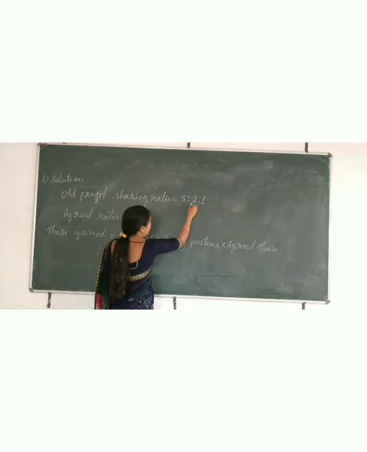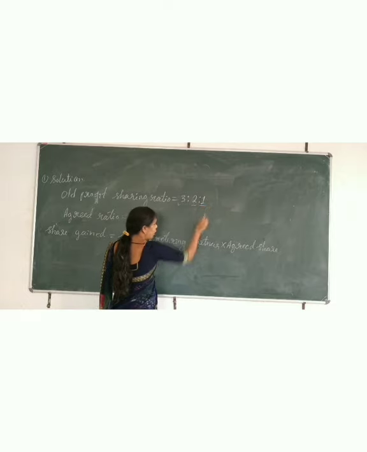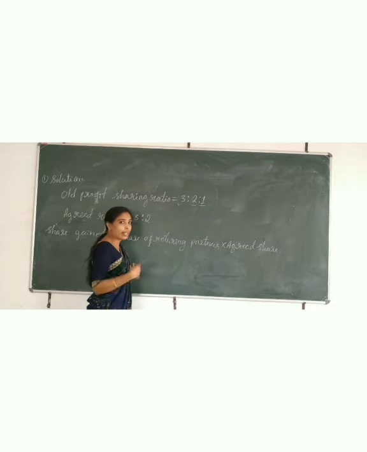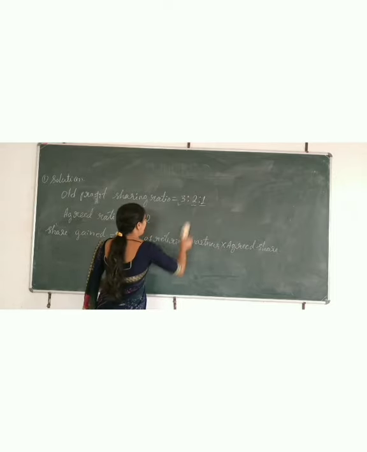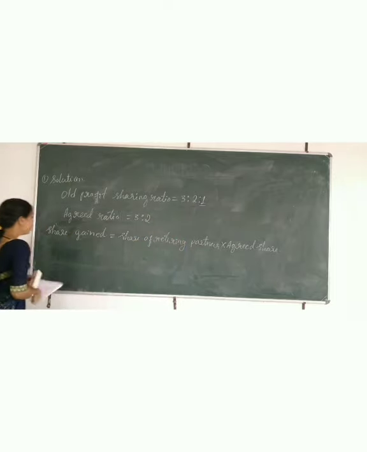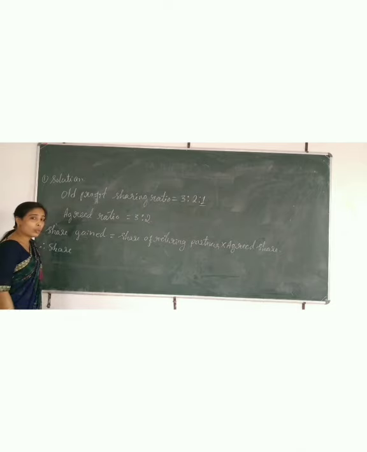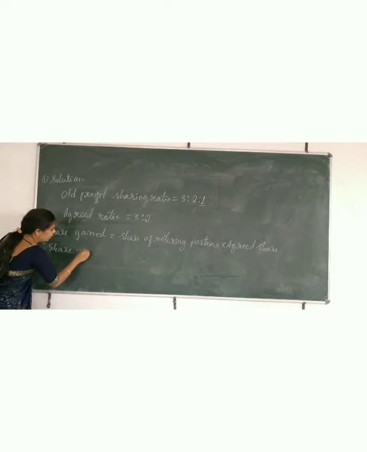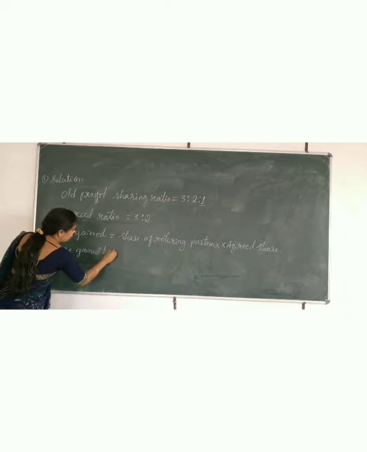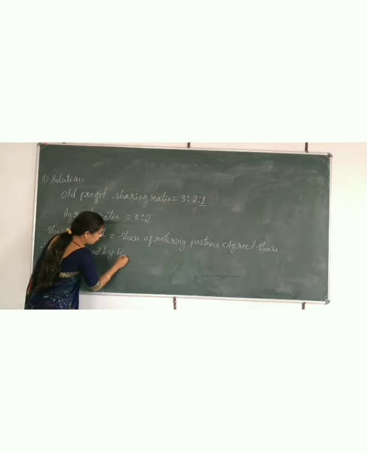Alka retired, so for Harpreet and Shreya, how much they gain after the retirement of Alka, that we need to calculate now. So therefore, share gain by the remaining or continuing partners in this problem, Harpreet and Shreya. Because Alka retired, that's why share gain by Harpreet.